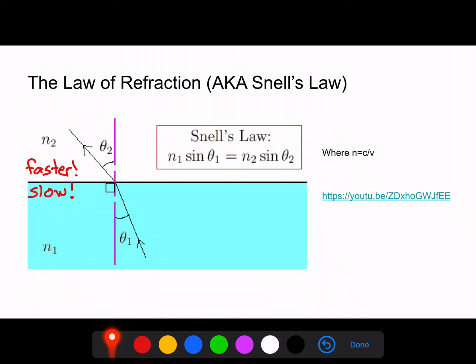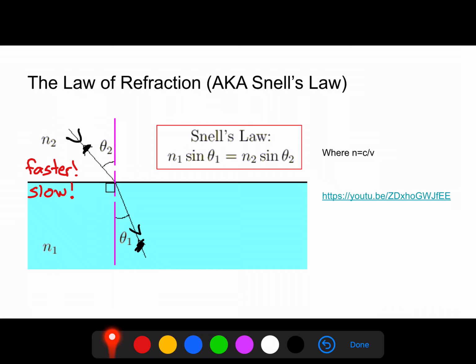Now, if I simply reverse the directionality on this cartoon here, let's just imagine I'm going to go the other direction. I'm going to go from the fast substance to the slow substance. Now I've got a smaller index of refraction to a larger index of refraction.